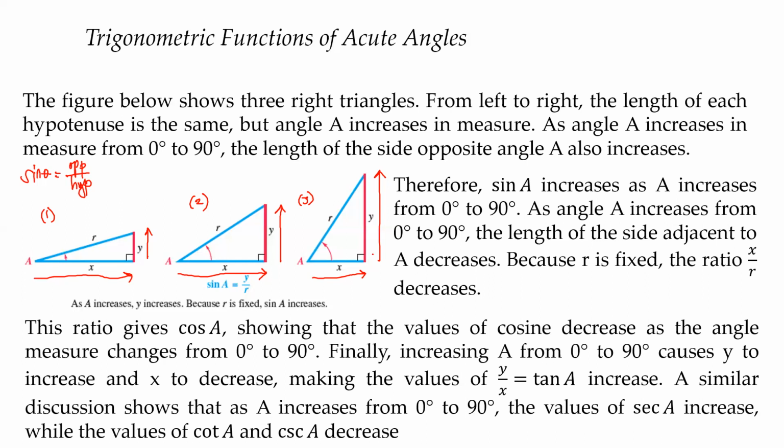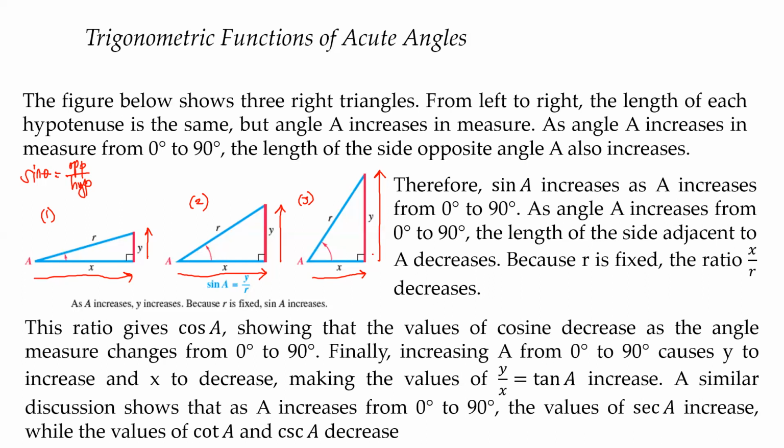Now for cotangent, cotangent is x over y. X is decreasing while y is increasing from 0 to 90. So nagkadako imong denominator while nagkagamay pa ang imong numerator. So magkagamay ang imong value.